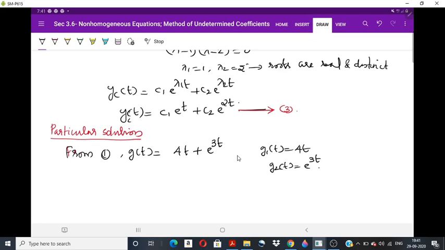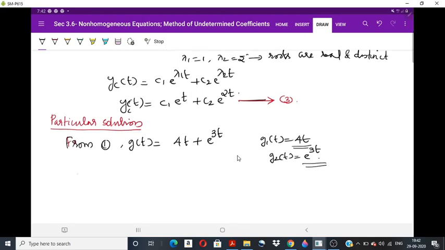One method is we can separately consider the given equation 1 with two equations, one with right side 4t and another with right side e raised to 3t, then solve separately for the particular solutions and then add them. Or in another way we can combine the particular forms and do it together.